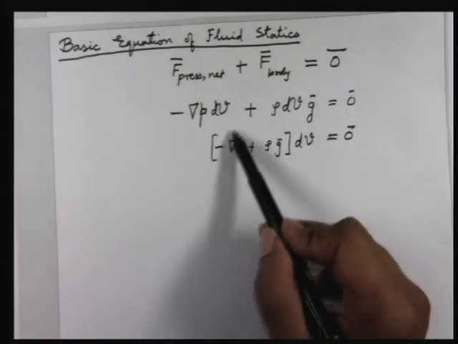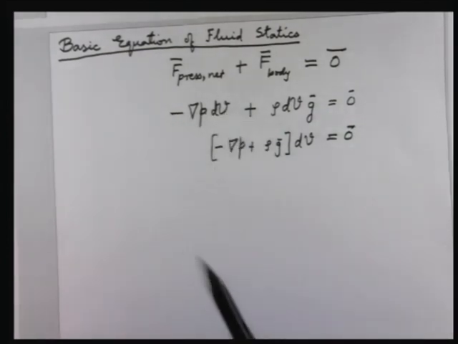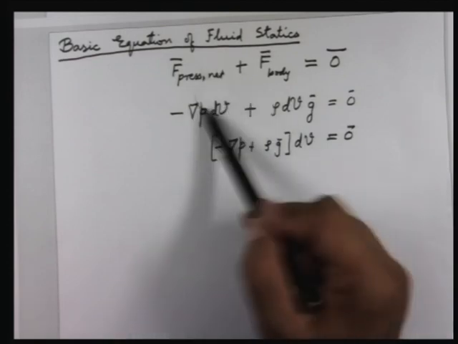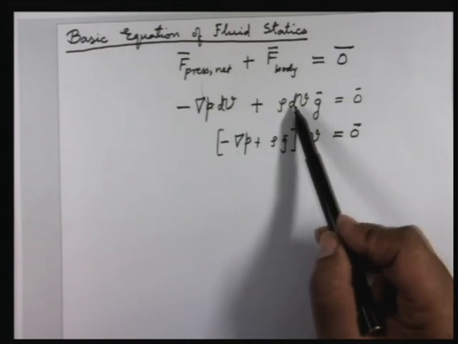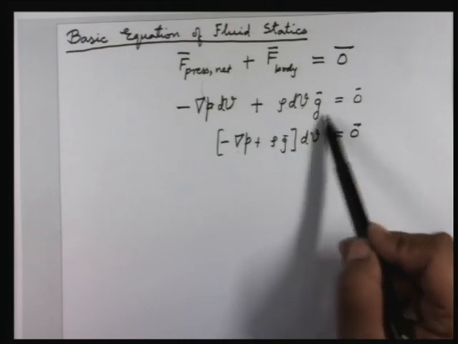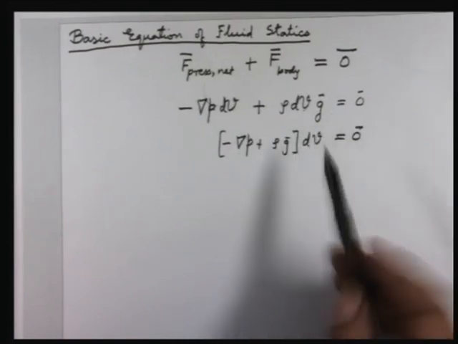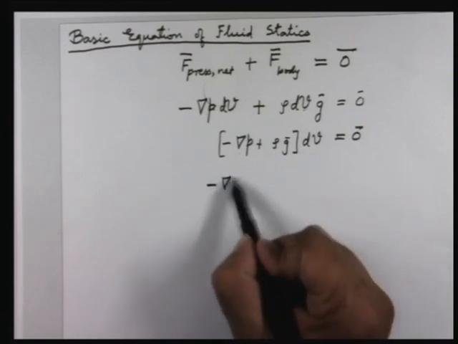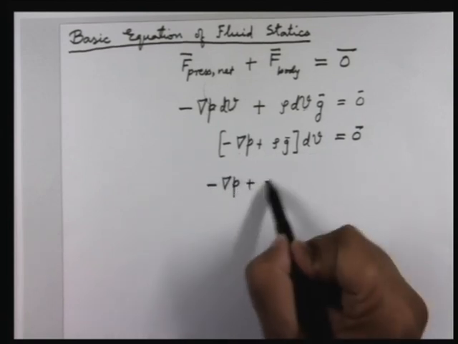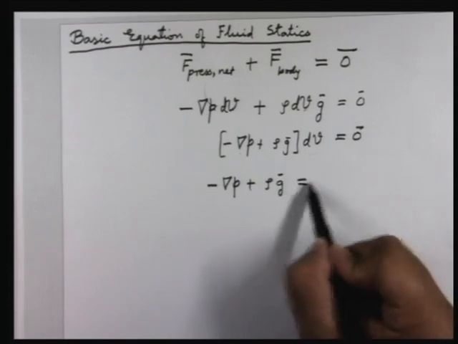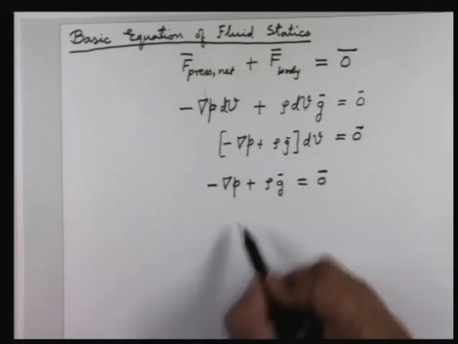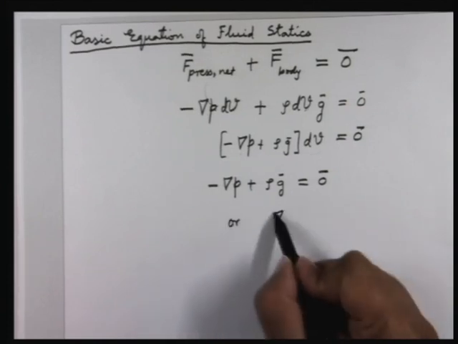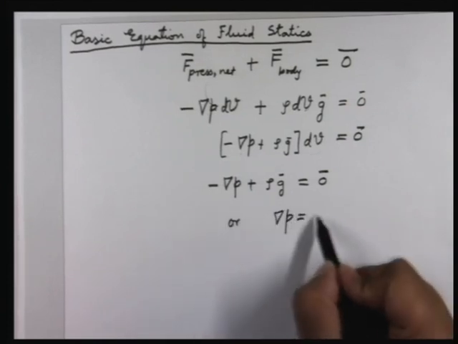Minus grad P into dV is the net pressure force, the net surface force, and this is the net body force. The mass is rho dV into g. Now this must hold for all dV, so you have minus grad P plus rho g equal to 0, or you can say grad P is equal to rho g.